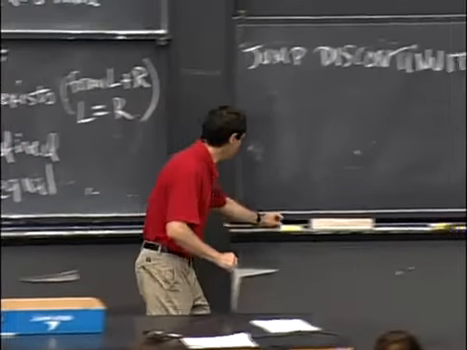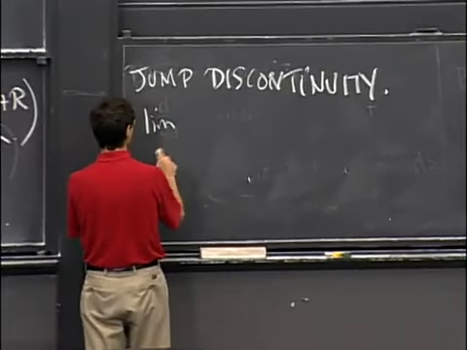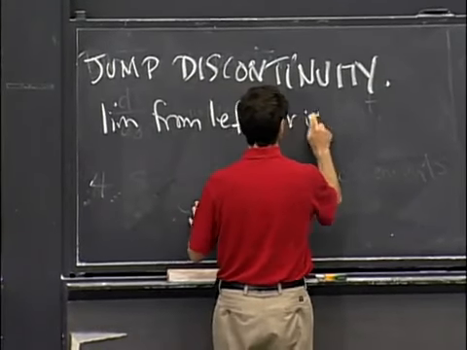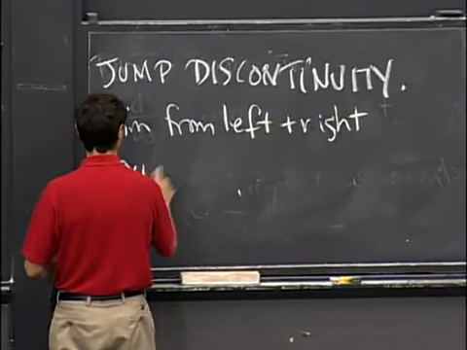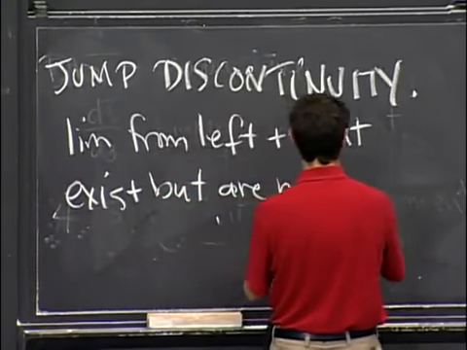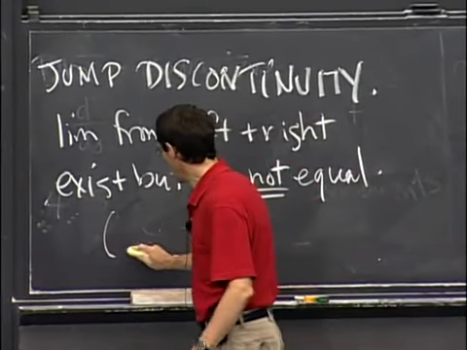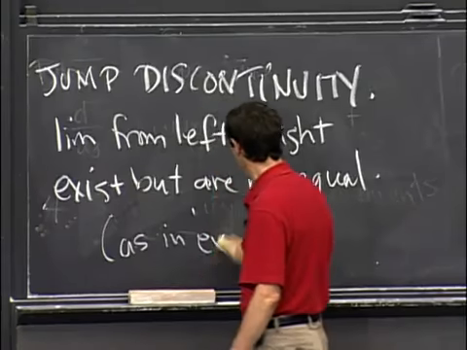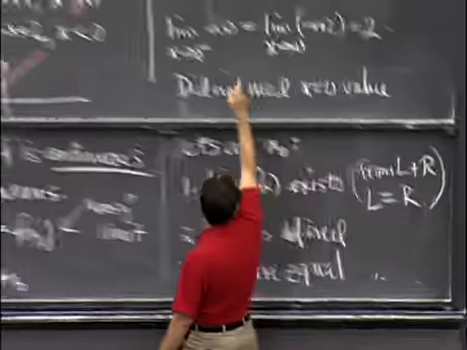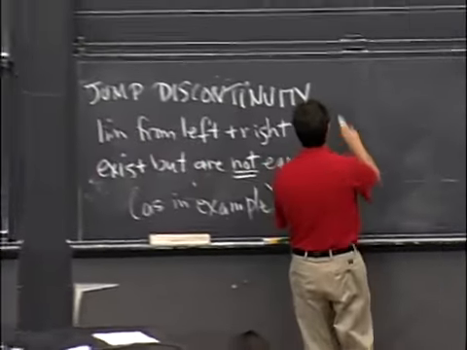The jump discontinuity is the example that we had right there. This is when the limit from the left and right exist but are not equal. Okay, so that's as in the example. Right, in this example, the two limits, one of them was 1 and one of them was 2. So that's a jump discontinuity.